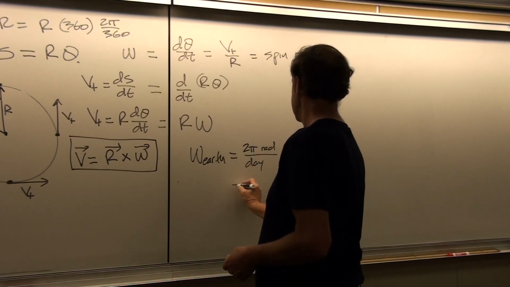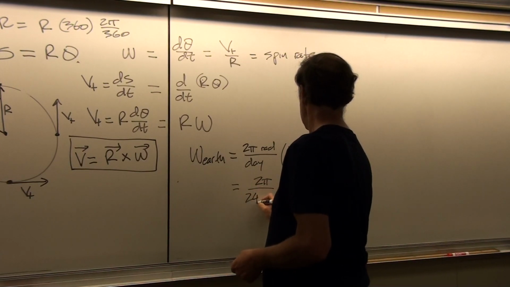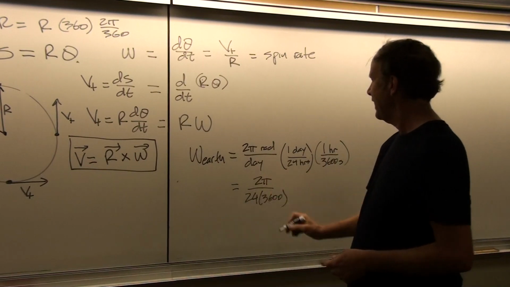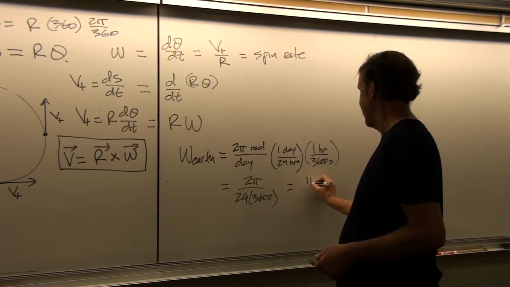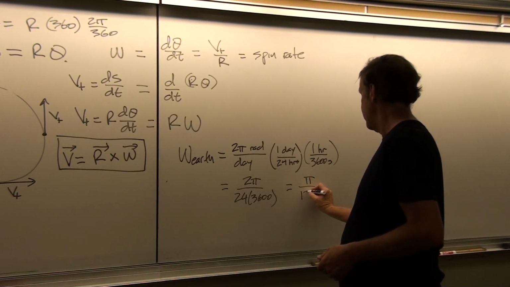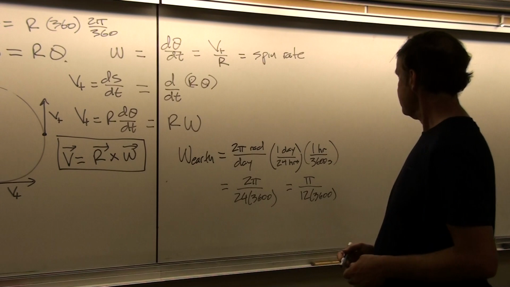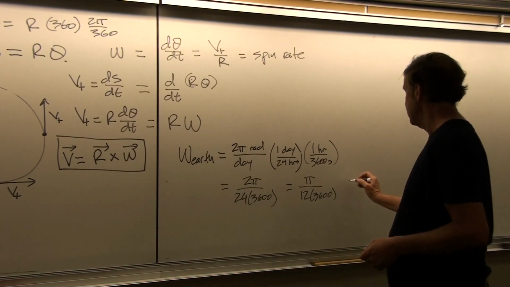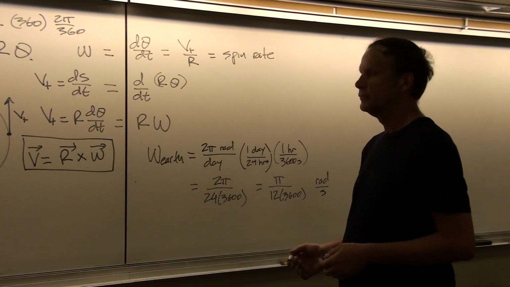So our omega then for the Earth would be 2 pi divided by 24 times 3,600. And so that would just be a fraction of a radian per second. That would be pi divided by 12 times 3,600. And so this would be a relatively small number, but this would be in units of radians per second.